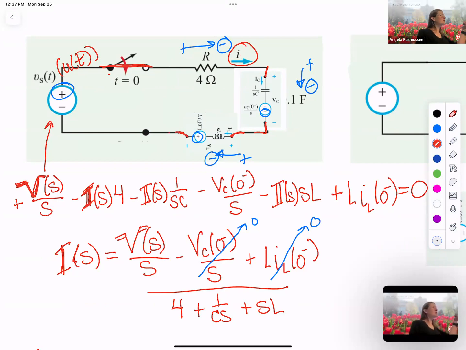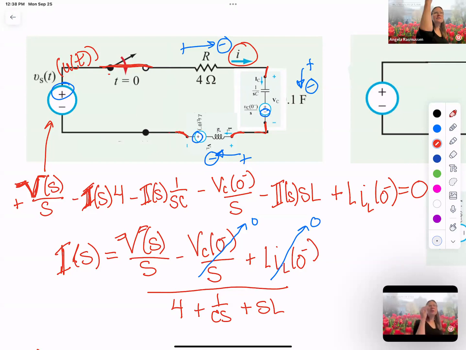Okay, so we changed the elements into the S domain. I literally redrew them with the initial values, VC of 0 minus over S, or L times IL of 0 minus. From there, what did I do? I did a voltage loop, in this case one loop.